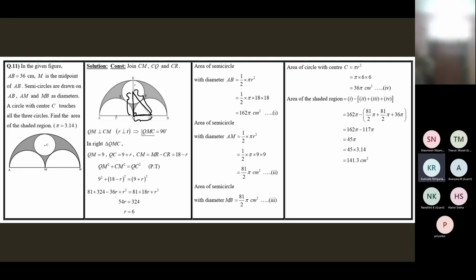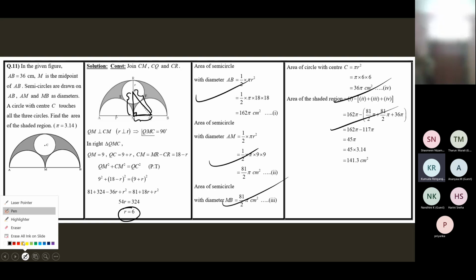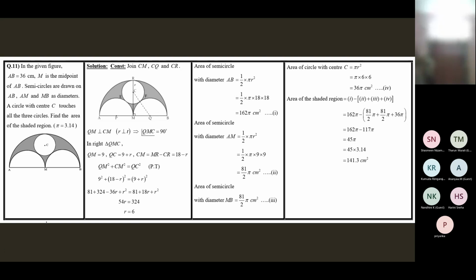So we find the expressions for the 3 sides, apply Pythagoras theorem, find the value of R, and then everything is easy. Got it, children? Yes, ma'am.